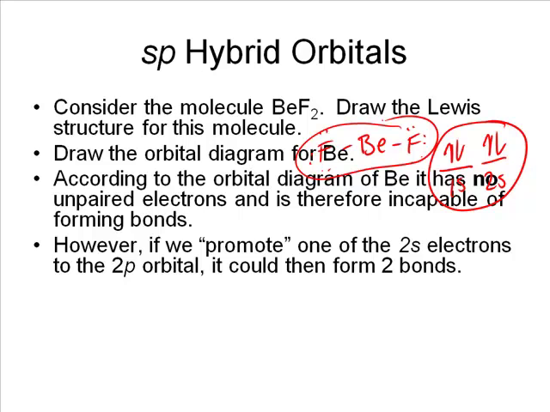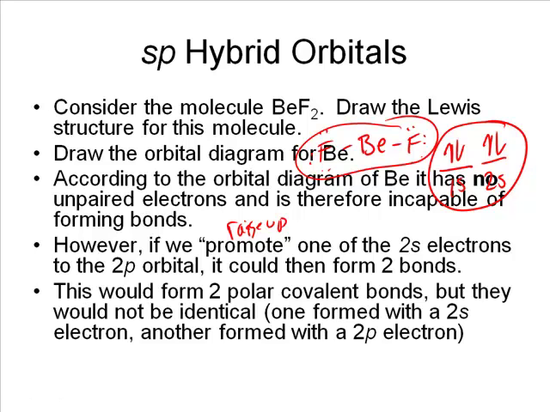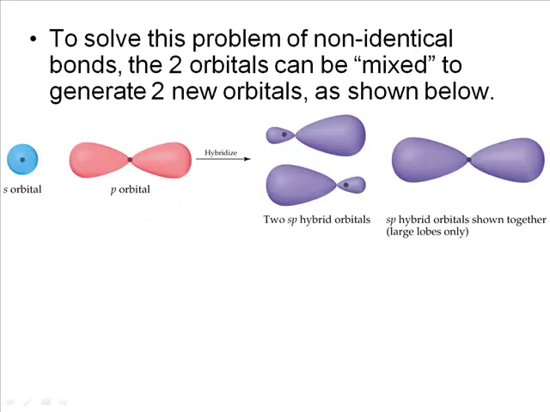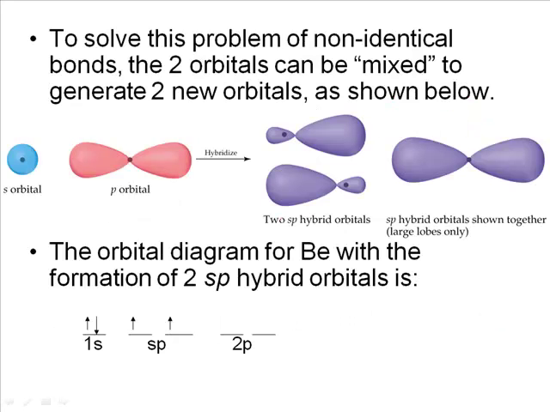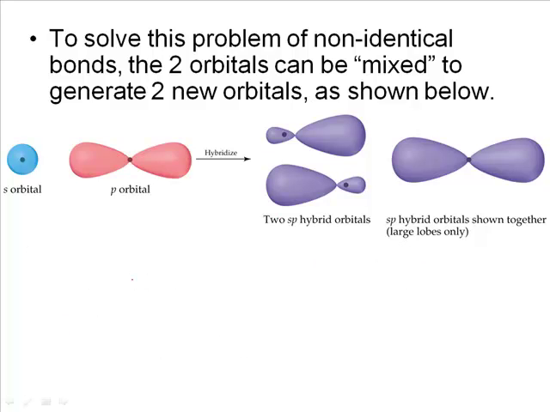So what we're going to do is promote, or raise up, one of those 2s electrons to the 2p orbital. Then it could form two bonds. Normally beryllium is 1s2, 2s2, and then you have this empty 2p orbital.